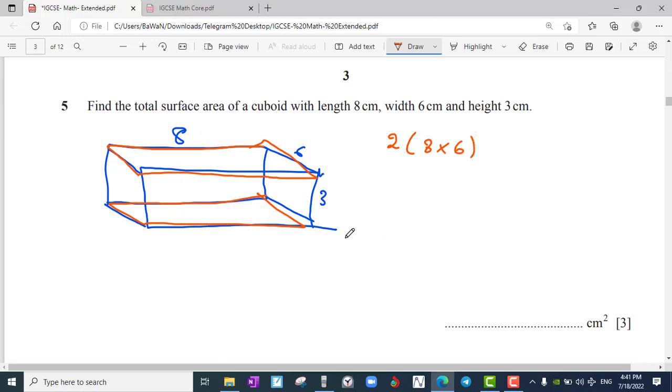This is for up and down. For the front and back, this little rectangle is 6 by 3, so we have 2 times 6 by 3, and the other rectangle is 8 by 3.